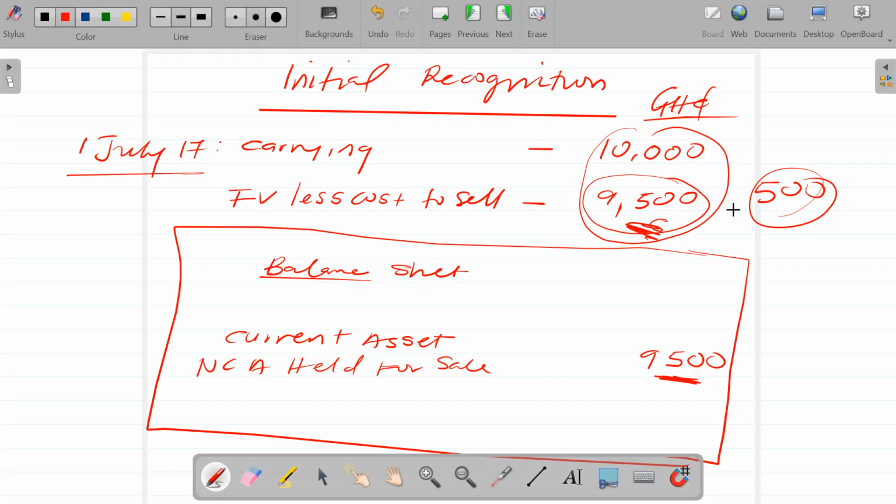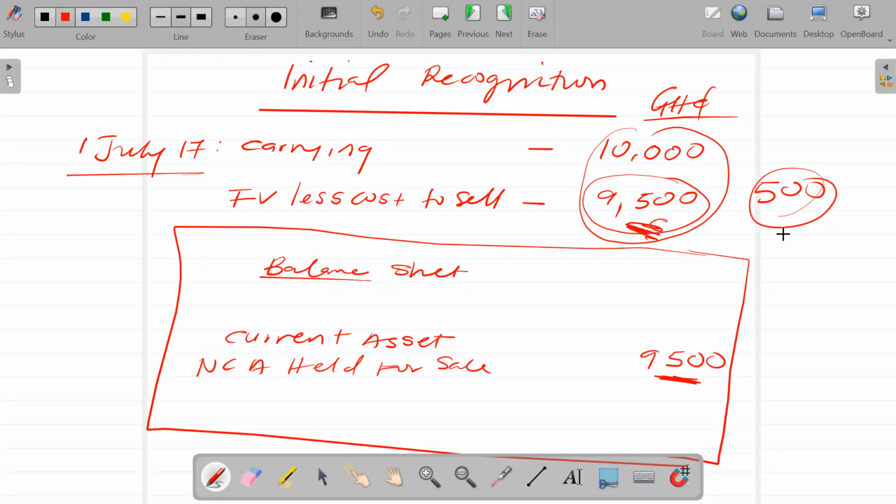So another way to look at it is that after the initial recognition, any subsequent fair value gain should not exceed the original impairment loss. That's another way.